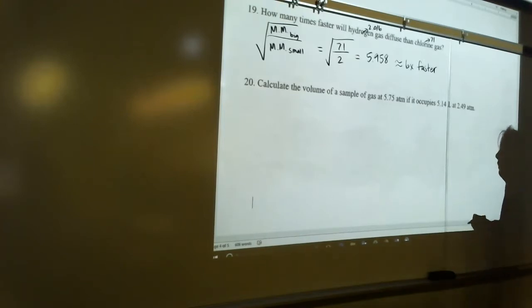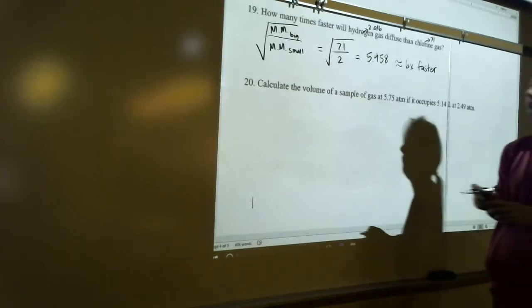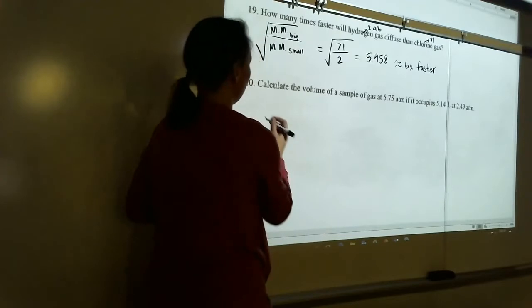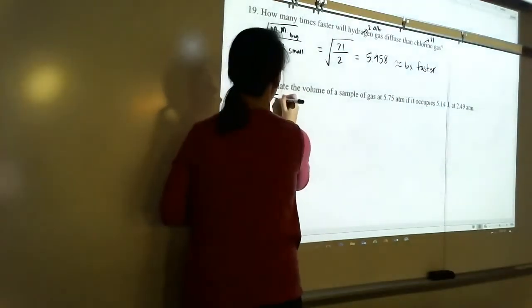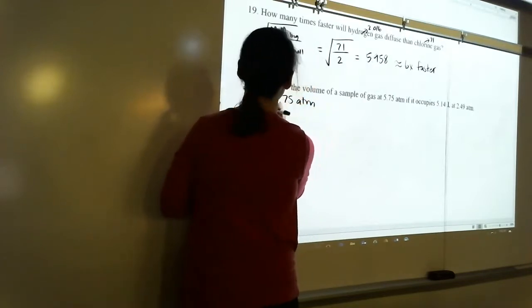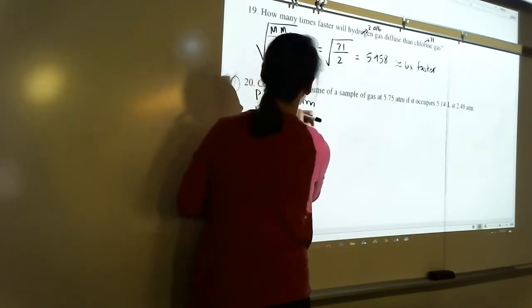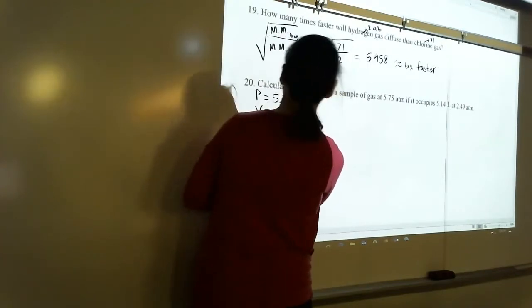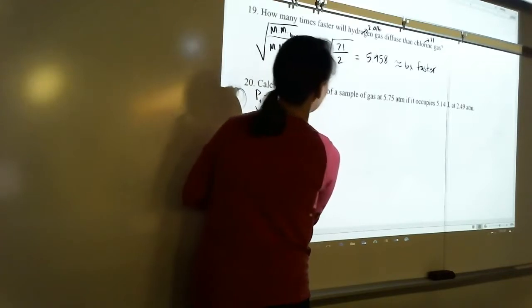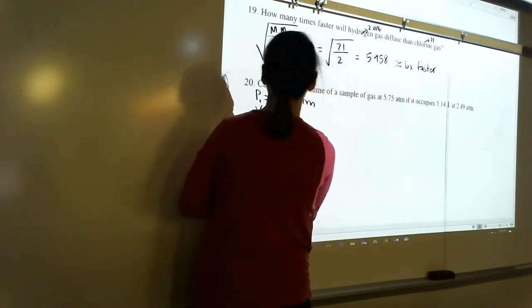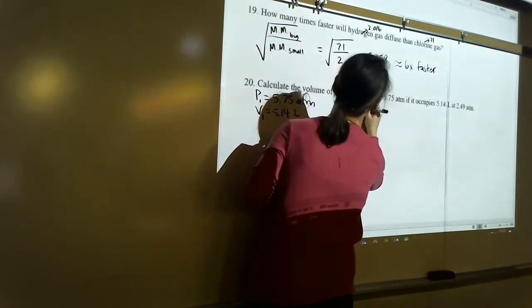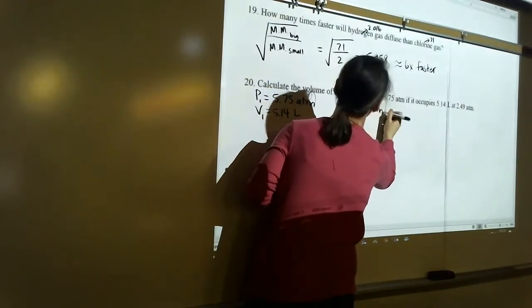All right, 20 is a gas laws problem. So we list our variables and then pick the correct gas law to use. Pressure is 5.75 atmospheres. Volume is 5.14 liters. That's pressure 1 and volume 1. And we want the volume at a second pressure of 2.49 atmospheres.